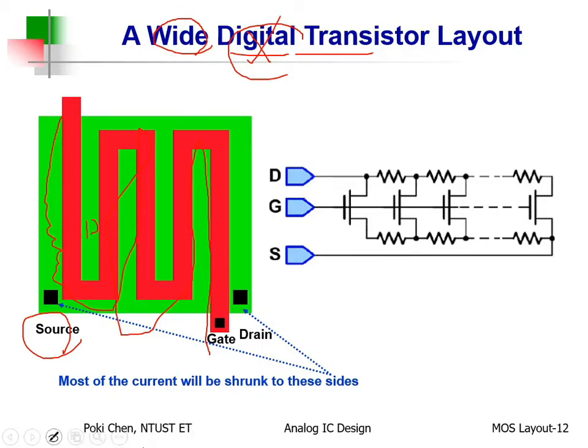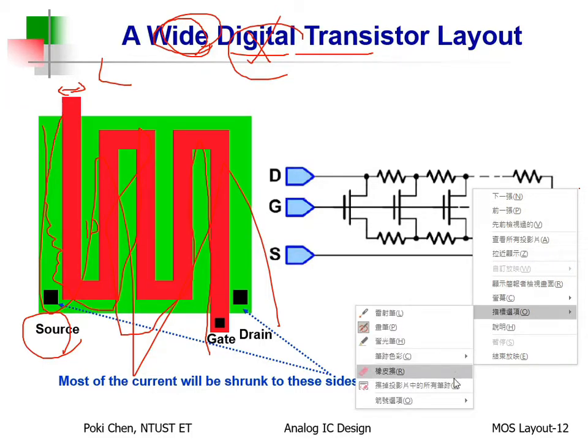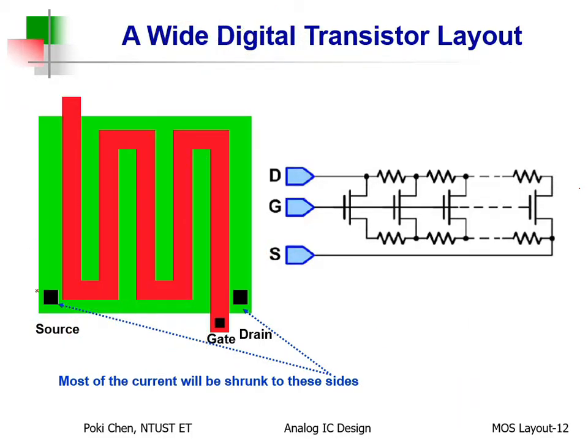Okay? So, what is the length? Here, that is the length in theory. And what is the width? As I show you, very wide. Okay? But what is the problem with such kind of layout? Because I call it a digital transistor instead of analog, simply because it has too few contacts here or there. Got it?